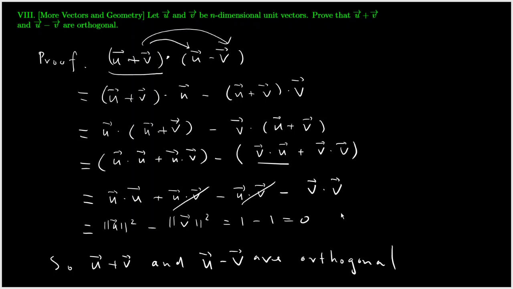Actually, you can kind of see what's going on. You just try to draw two vectors of the same length.